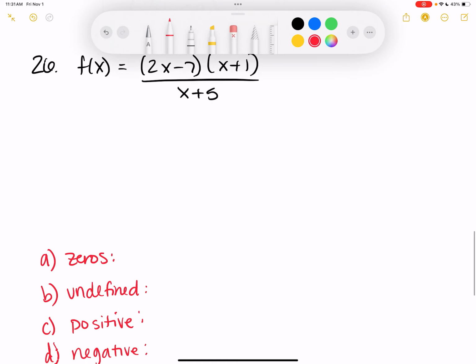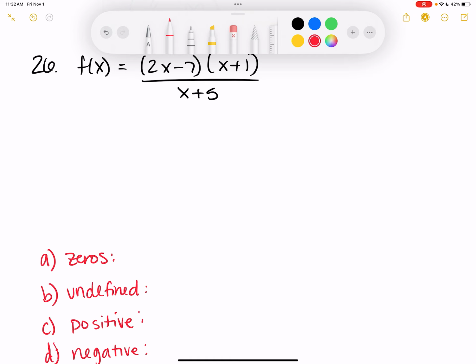All right, so how do I find the zeros? Or what are the zeros? You would solve for x. Like on each separate part. But I have top and a bottom.